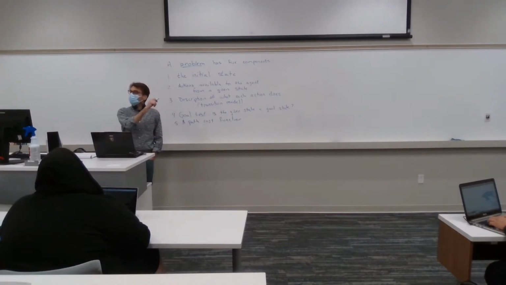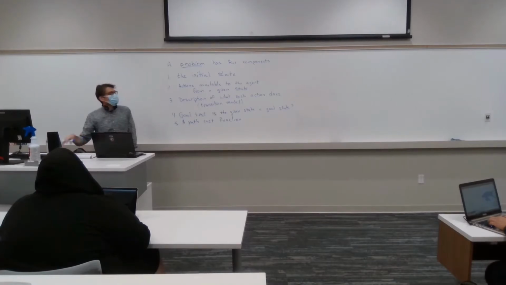And when we talk about the path cost, each action might have, or each step might have some kind of cost associated with it. So doing this action while you're in this state has some kind of cost associated. If you do that action in that state, you have a cost. It's not always the situation that you can just add those costs up, but usually, in our cases right now at least, it is.